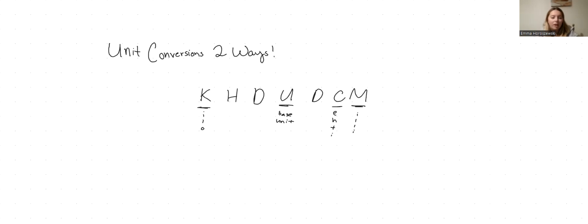So let's say that I have 0.5 meters, and now I want to convert that to centimeters. Now, what I'm going to do here is see that meters is a base unit. Meters is going to be here at the U. But I want to put a C onto this meters.